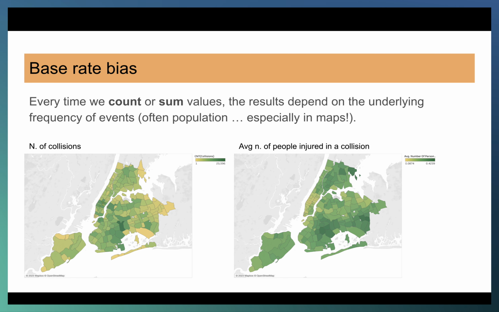Is the sample size non-uniform, and are the values influenced by that? In general, every time that we use count or sum, since they depend heavily on how many objects are within each group, counting the objects or summing up the values of the objects within each region is heavily influenced by how many elements are within each group.